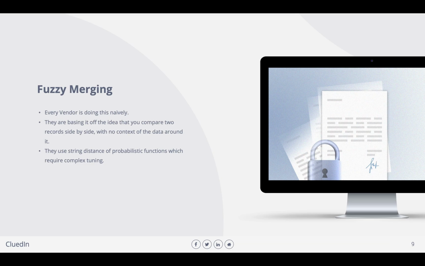Let's take an example. If we wanted to merge companies across different systems, and we found that the names of the company had a difference by one letter, and that the address had a difference maybe of 3 letters. Maybe the postcode was in a different order between these two records.